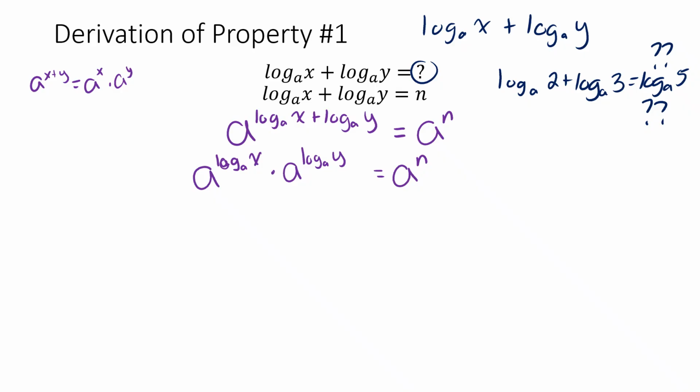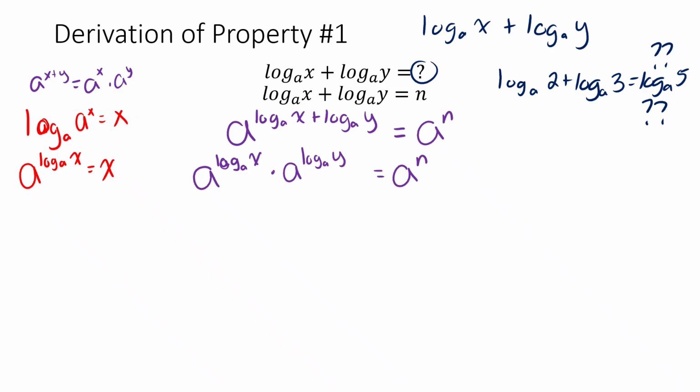Now we want to remember what logarithms do. On the previous slide, I reviewed it in this direction: log base a of a to the x is equal to x, but this is also true. A to the log base a of x is equal to x. It's the same property, just worked the other way around.